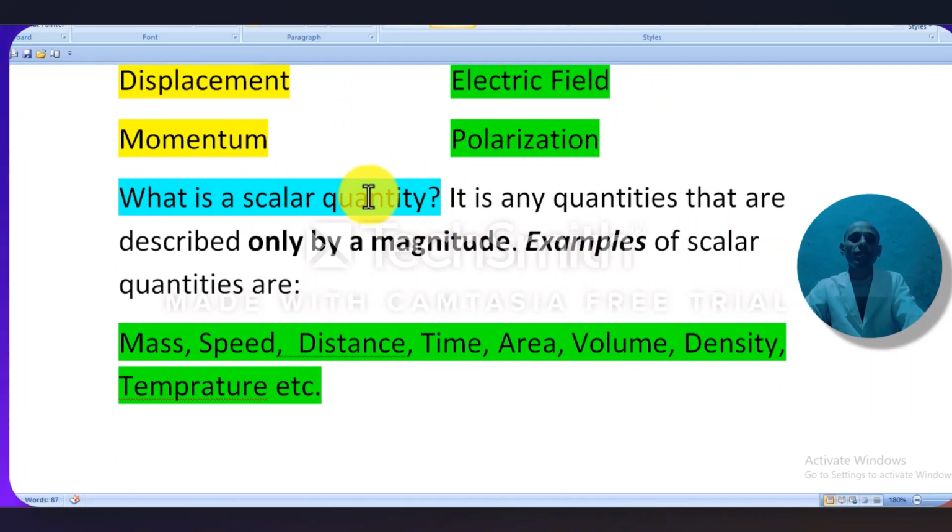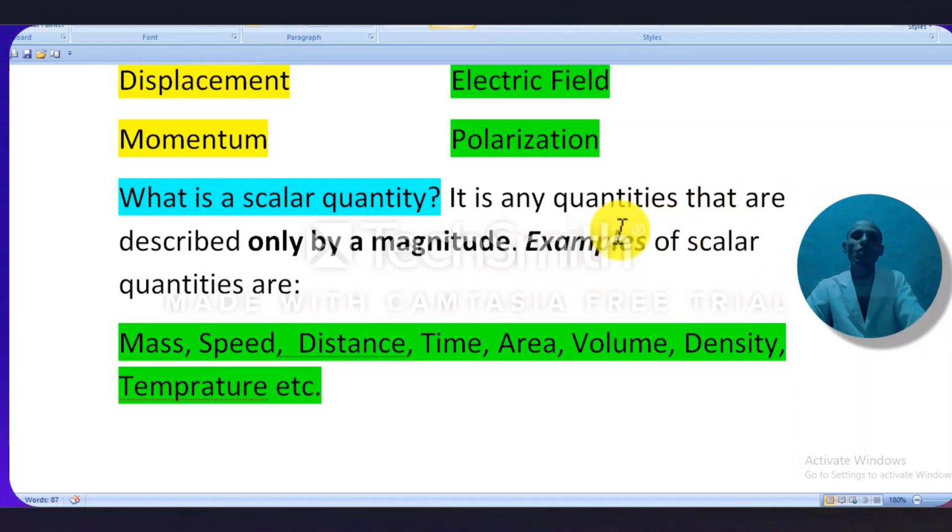Scalar quantities are physical measurables described only by magnitude. Examples of scalar quantity: mass, speed, distance, time, area, volume, density, and temperature are categorized under scalar quantity.